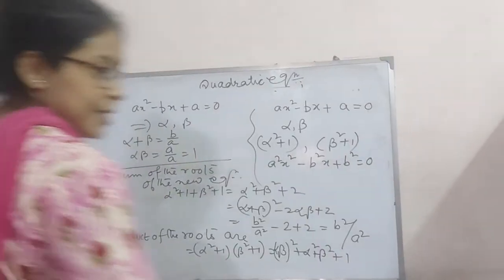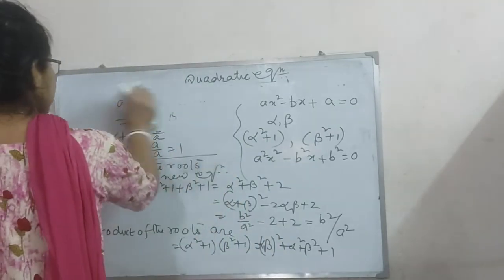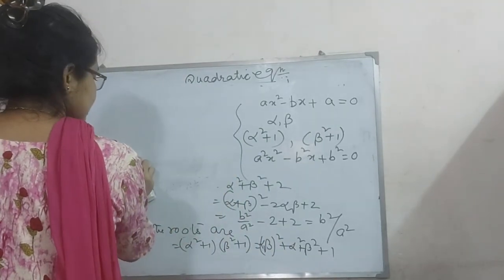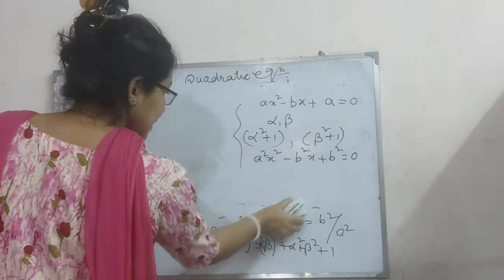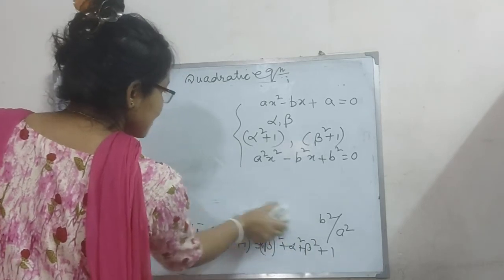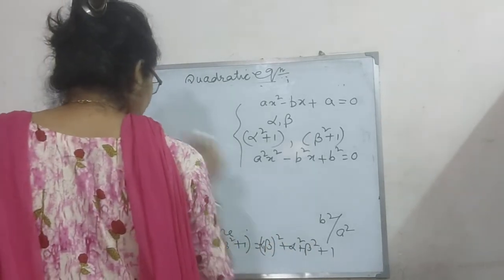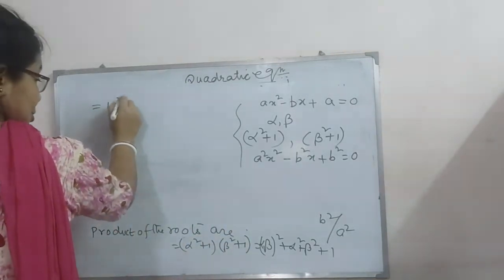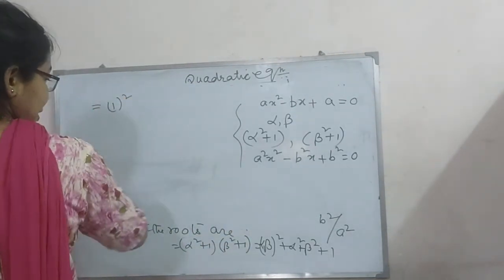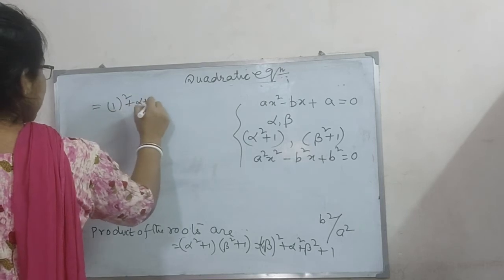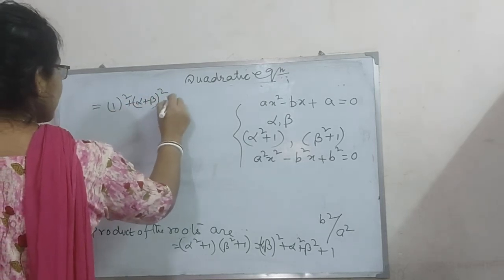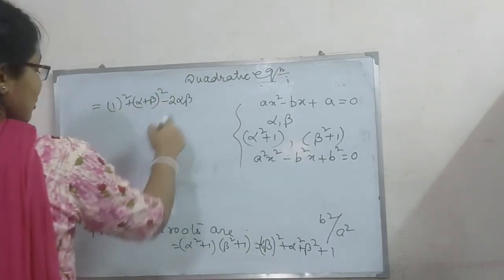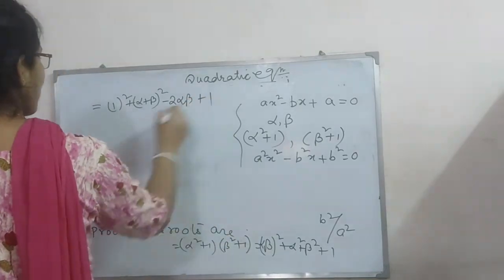From here I will write, this is the sum of the roots, b square by a square, and product of the roots alpha beta whole square, that is 1 square, plus (alpha plus beta) whole square minus 2 alpha beta, which is alpha square plus beta square, plus 1.